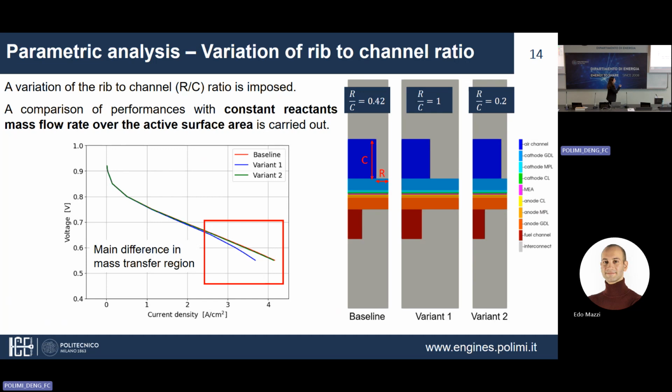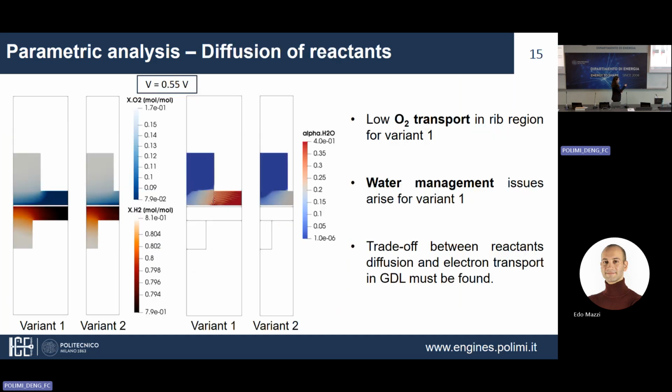We also found this by looking at the concentration of reactants across the channel, so across a cross-section of the channel. If we compare the two opposite configurations, where the rib is longer, of course, the concentration of oxygen is lower under the rib in case of low voltages, where the consumption of reactants is higher.